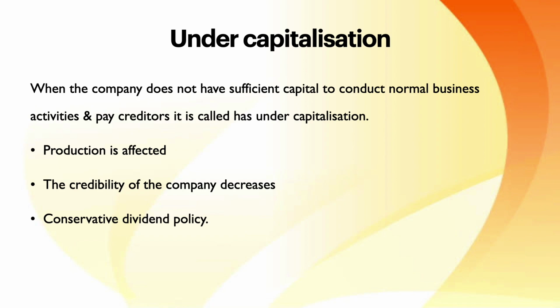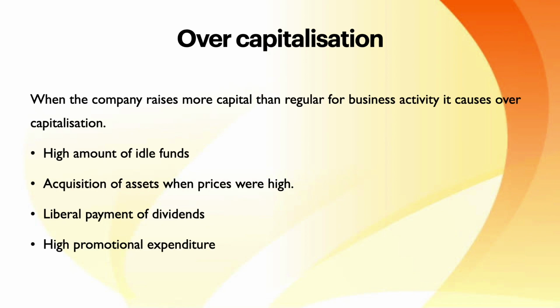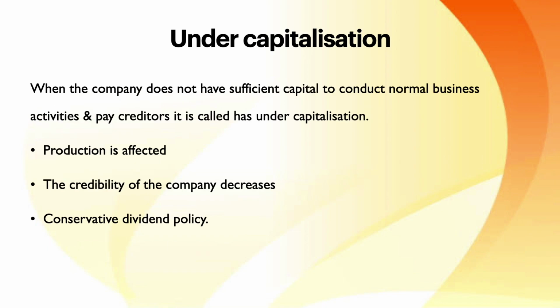Next is conservative dividend policy. We just looked at overcapitalization, liberal payment of dividends, and here we have conservative dividend policy. Liberal's opposite is conservative. Conservative means with restrictions, with rules and regulations.